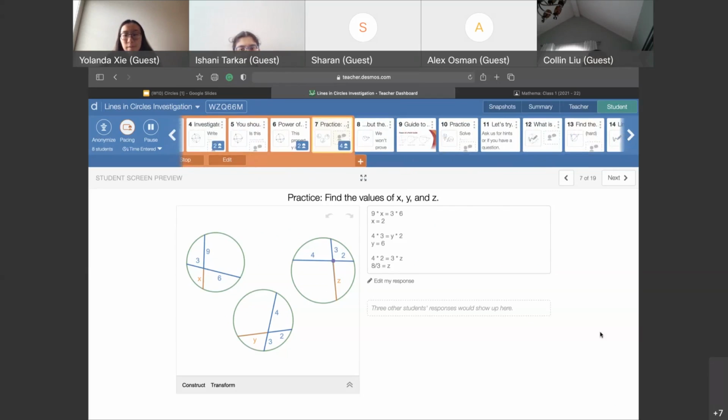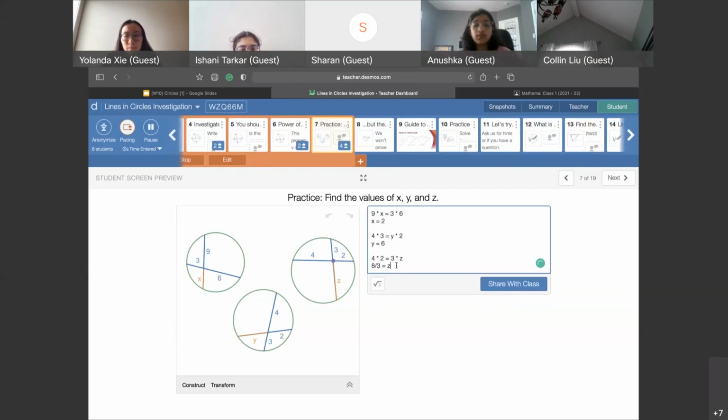Is it okay if, so for Z, I just wrote 2.6667 or something like that? Is that okay as well? Because I didn't know it had to be in fraction. It's fine here. If it's an actual problem, it will probably say to state your answer as a common fraction or something.